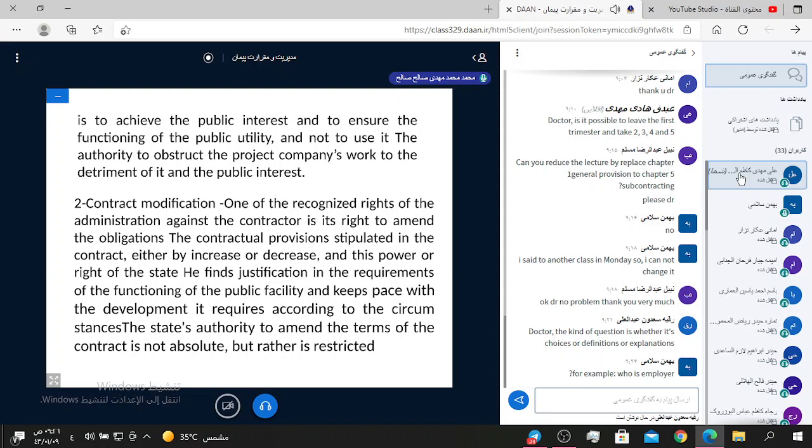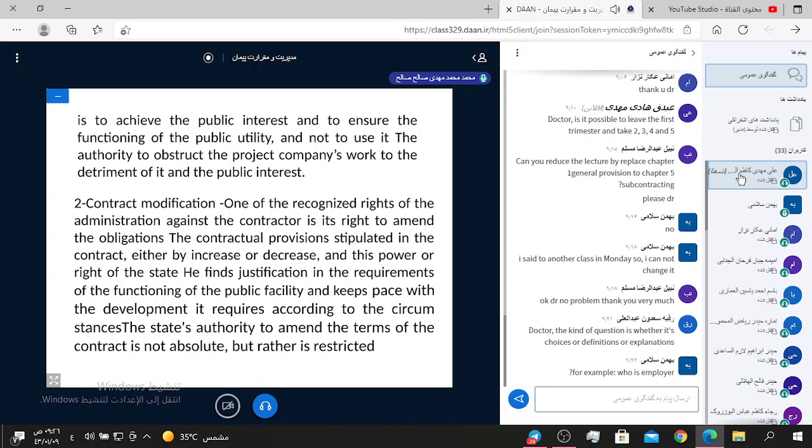This power or right of the state finds its justification in the requirements of the functioning of the public authority and keeps pace with the development it requires according to the circumstances.